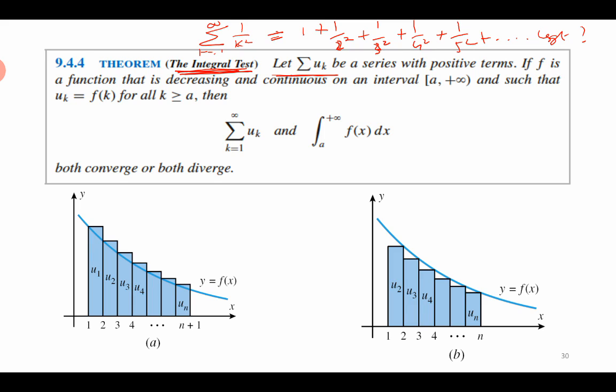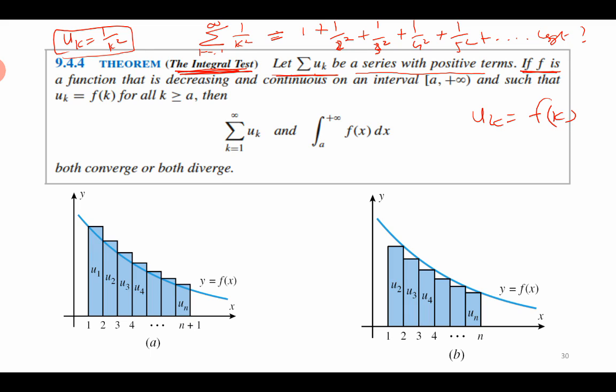If there is a series, the kth term you can write here: the kth term is 1 by k square, isn't it? So uk is 1 by k square with all positive terms. Every term is positive, there is no alternating series, no negative sign. And if you can make u a function, uk is equal to f of k.